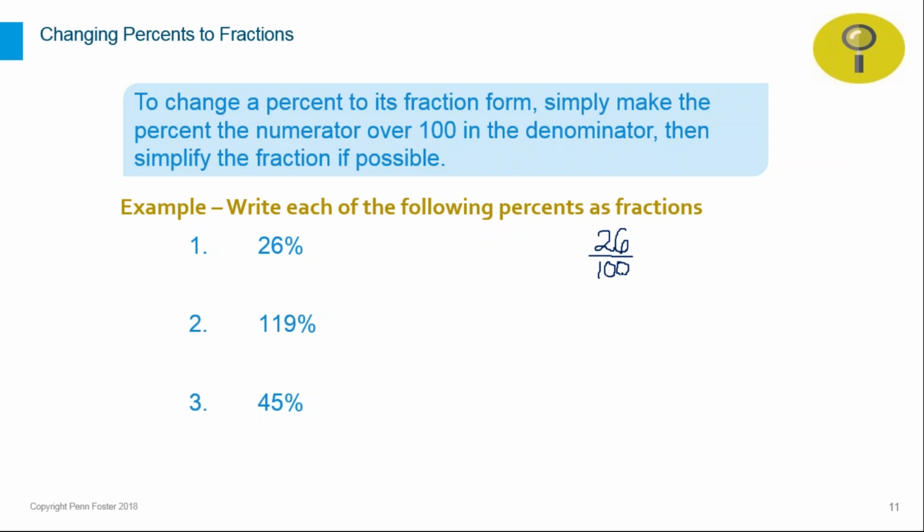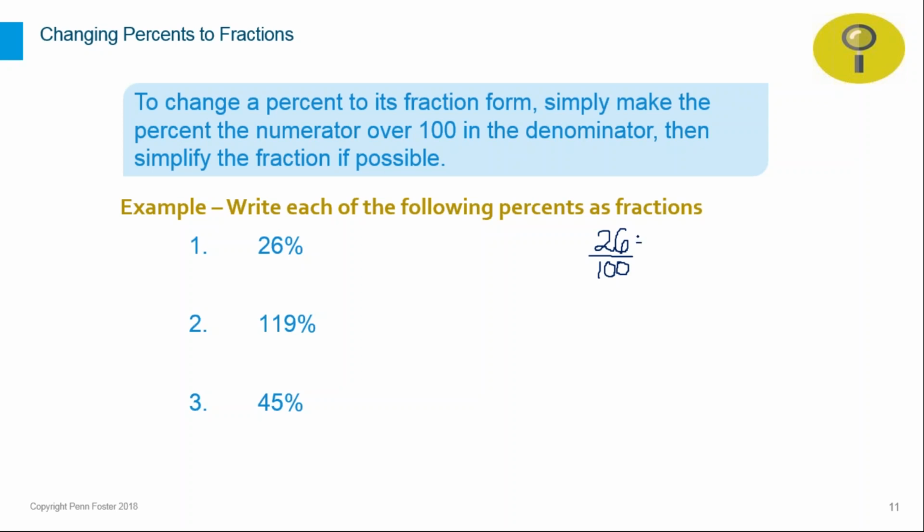Once you divide over 100, you're going to look at the bottom and the top. And remember, with fractions, if you've taken the General Math 1 course, or if you remember how to simplify fractions from when you were in school, we need to eliminate the common factors between 26 and 100. The easy way to figure it out is we notice that 26 is an even number, 100 is an even number, then 2 for sure is a common factor.